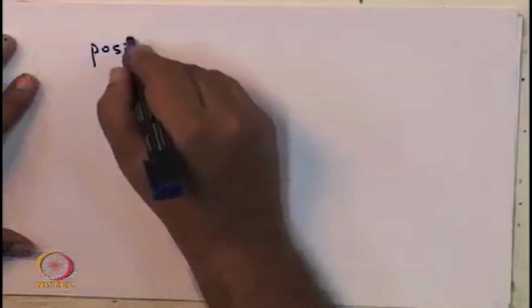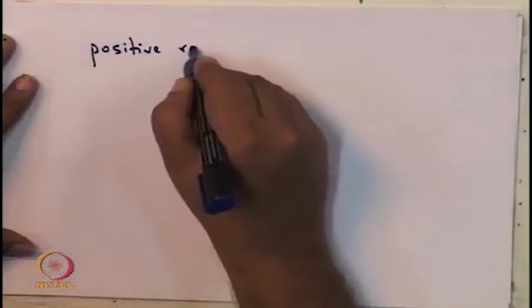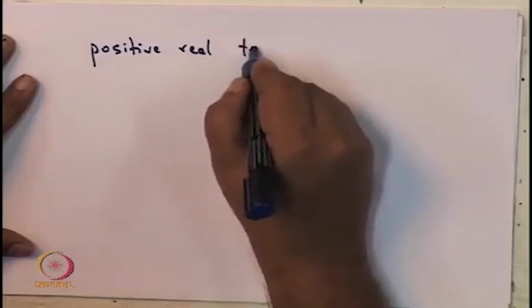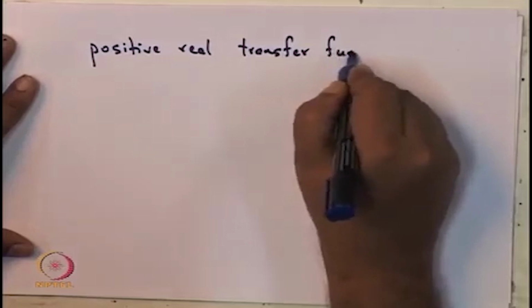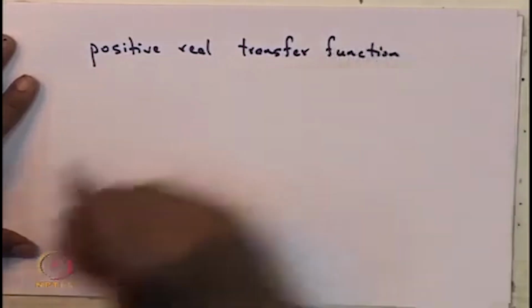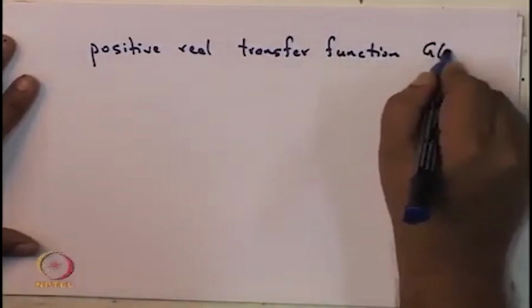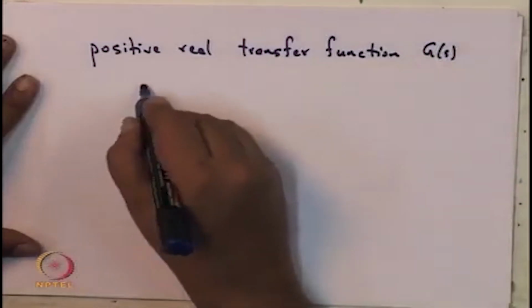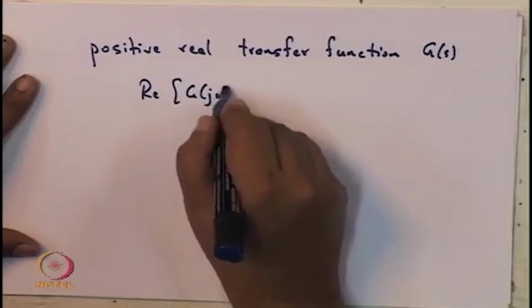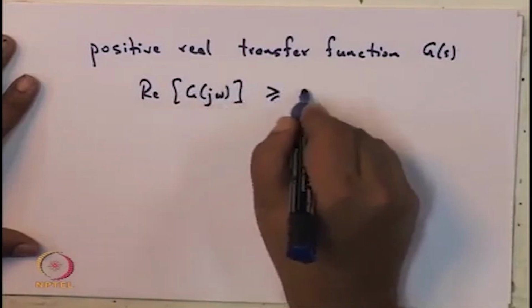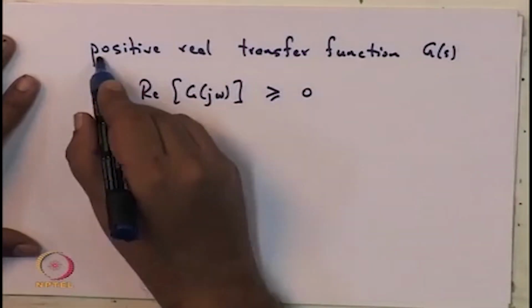So, a positive real transfer function G(s) is such that the real part of G(j omega) is greater than or equal to 0. Okay.